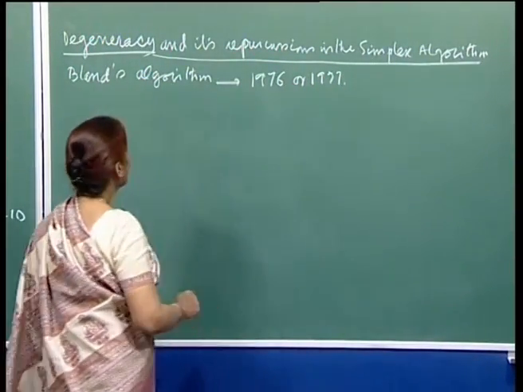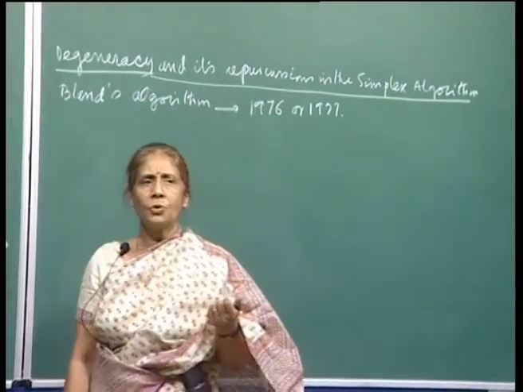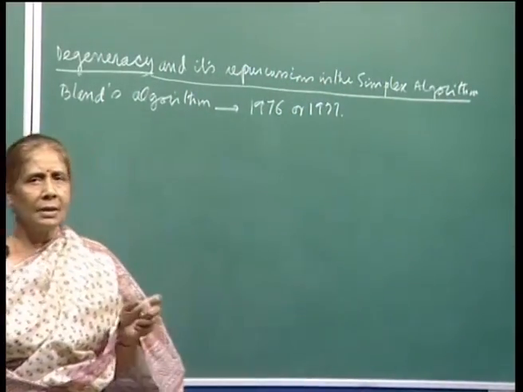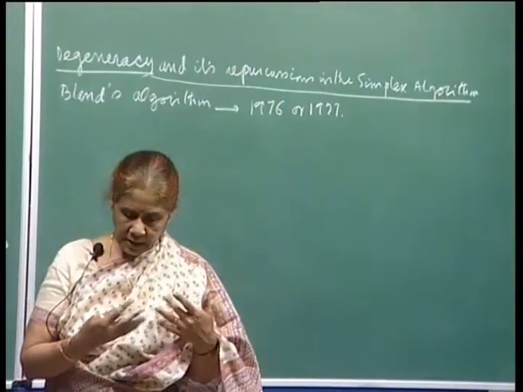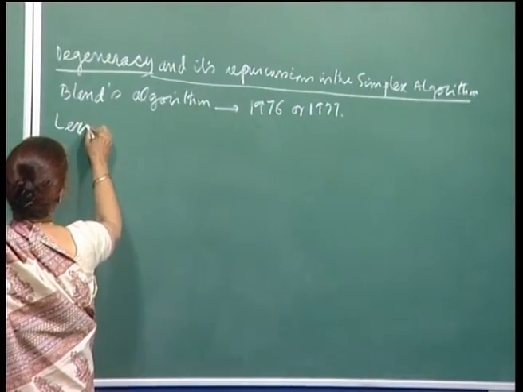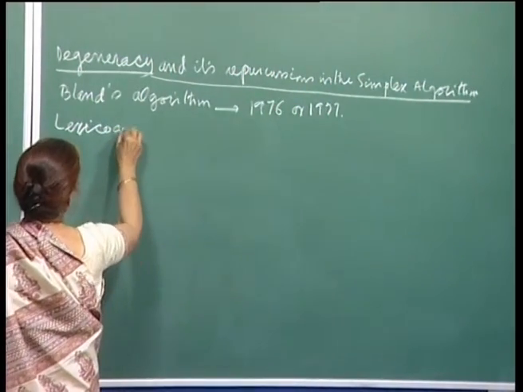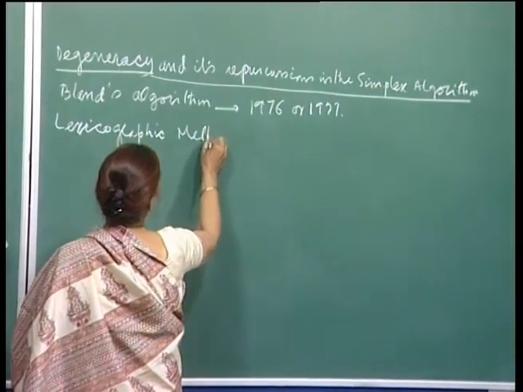So, this was given by Bland, but any discussion on degeneracy would be incomplete without the lexicographic method, because that concept still is used, maybe different ramifications of that concept are still there. So, I thought I should talk about the lexicographic method. What does it say?